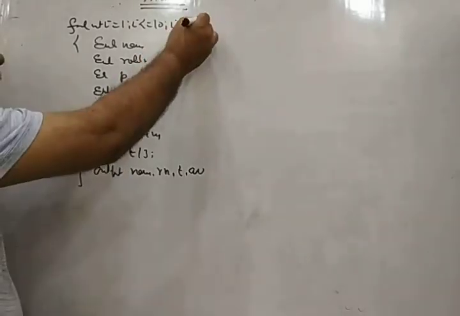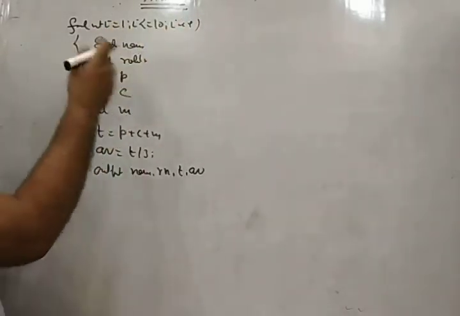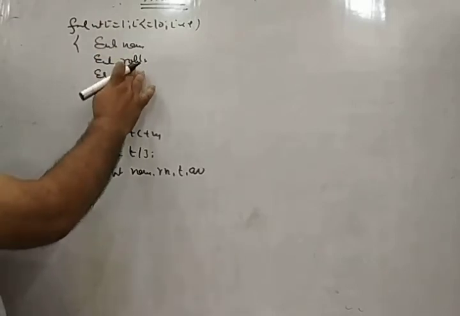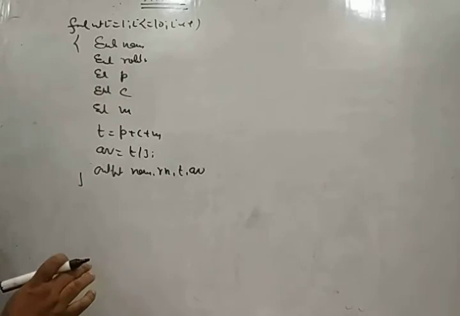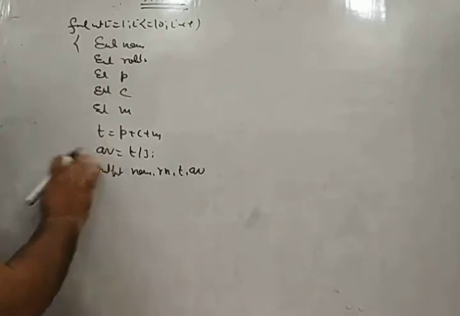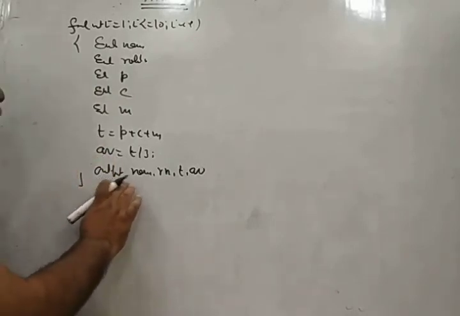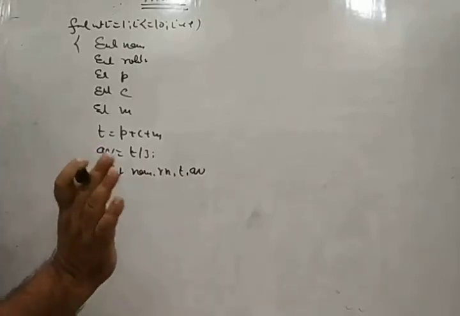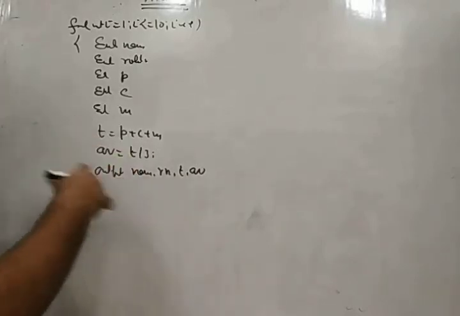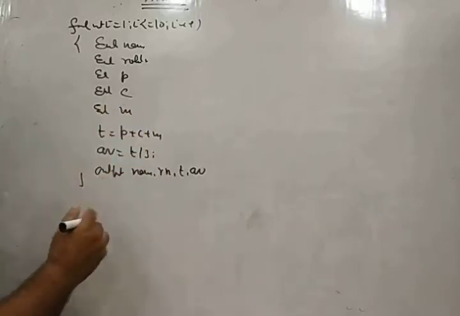Now every time the loop will run, and every time the name, roll number, then marks in physics, chemistry and maths will be asked, and every time total and average will be printed out. I want to show you how you will get the execution of this program.